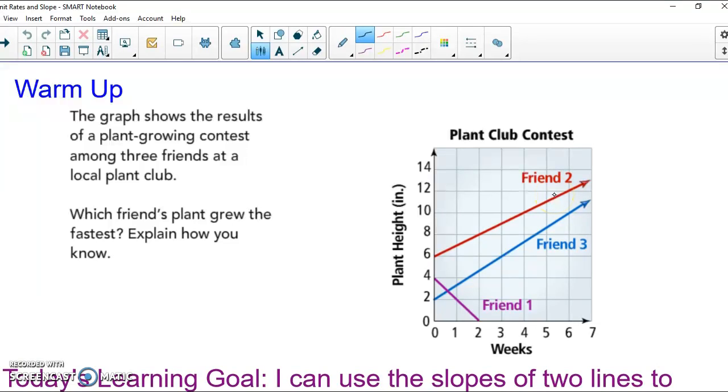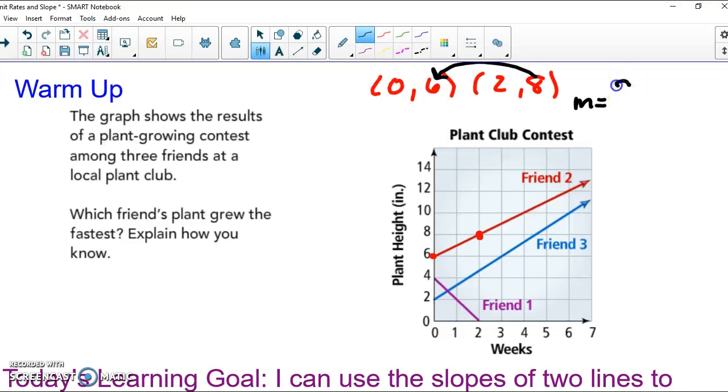So to do this, we can look at the slope. I'm going to look at 2 points on this line. I'm going to look at this point, which is (0, 6), and this point, which is (2, 8). And I'm going to calculate the slope of those lines by doing my change in y.